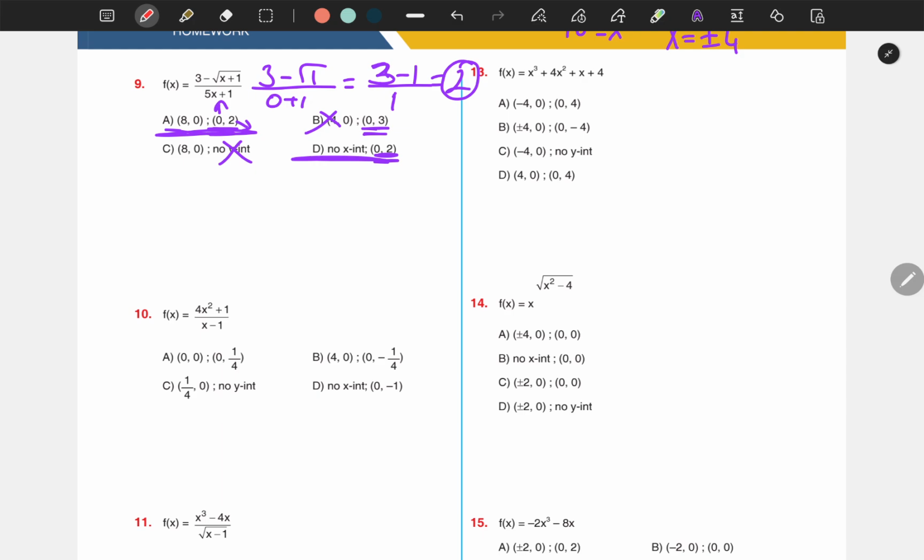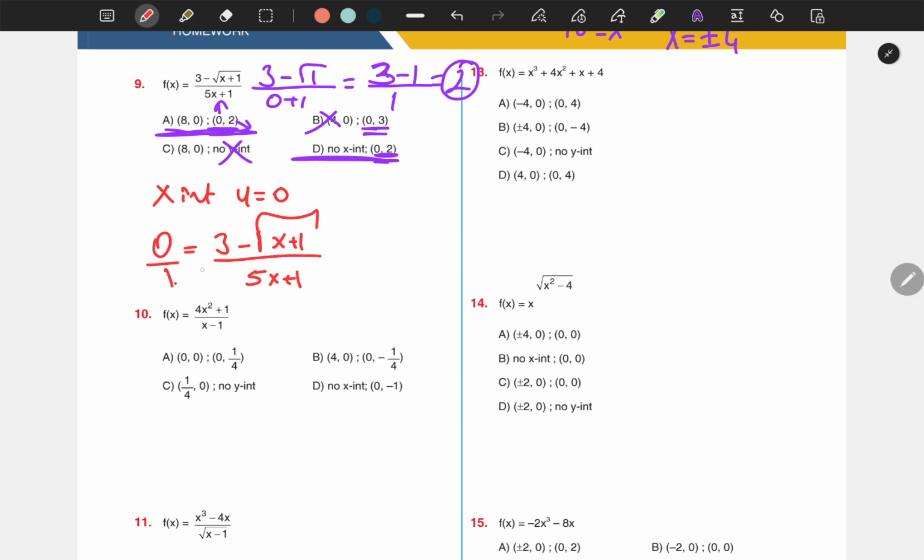And then what else is left? I found that this is the y-intercept, isn't it? For x-intercept, y must be 0. Let me equalize to 0. 0 equal to (3 minus the root of x plus 1) over 5x plus 1.